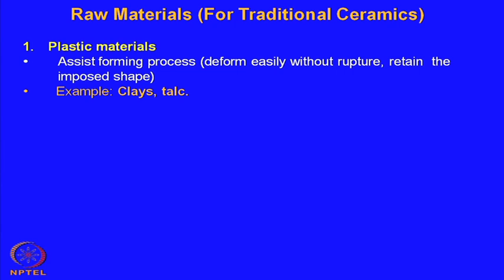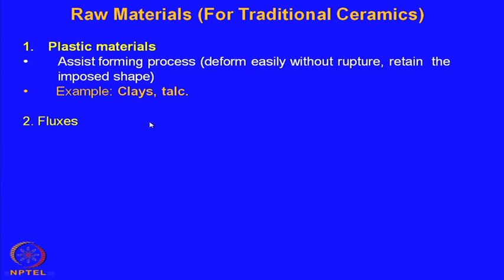So, they assist in the forming process, deform easily without rupture, and retain the imposed shape. Examples, as I just mentioned, are clay, kaolinite and talc. So, that is one of the major components of traditional ceramics. The second component of the traditional ceramics is called fluxes.